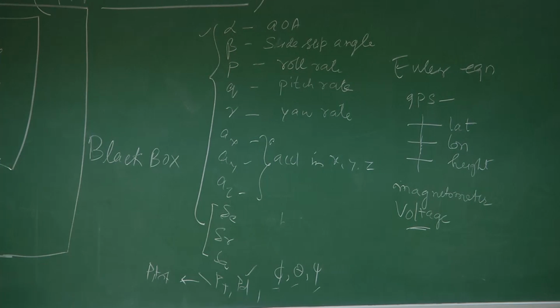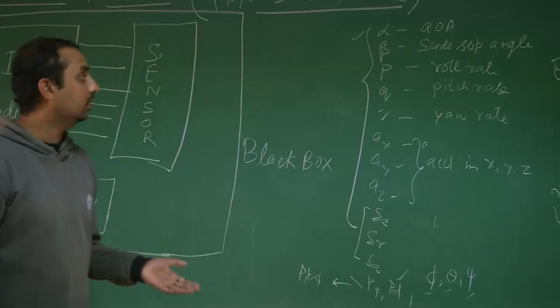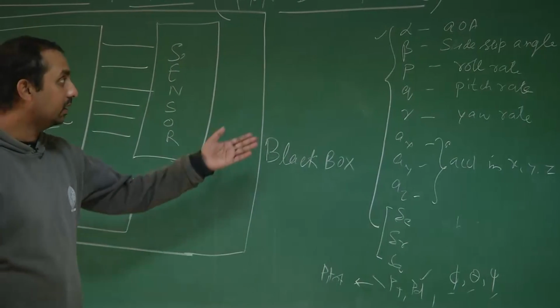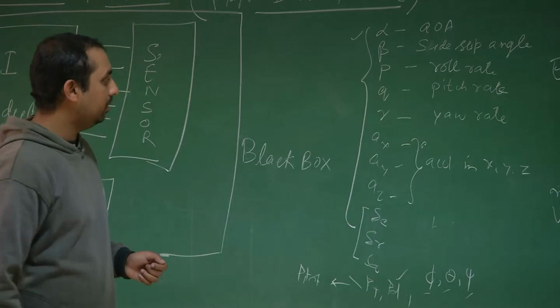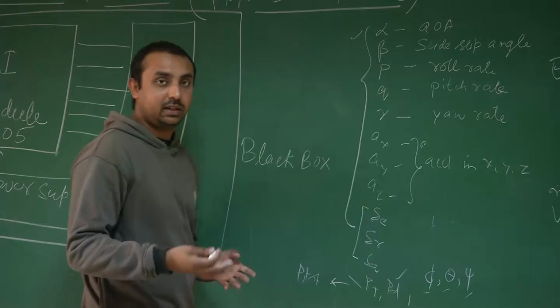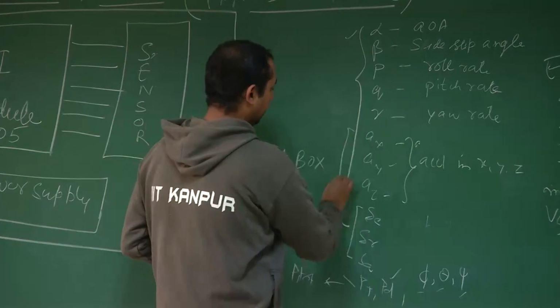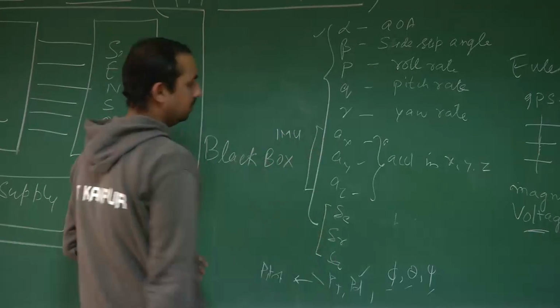We'll be seeing in our experiments how to derive the flight data, how to derive various parameters using your flight data, and we'll also be showing small programs on how to get readings from various sensors. For instance, these values can be derived from the IMU. We'll be showing a small code.